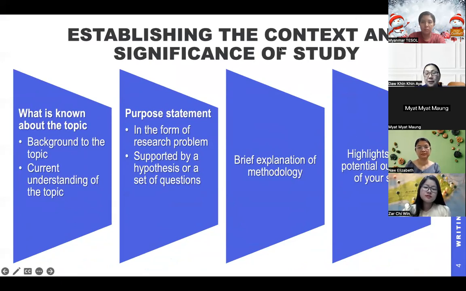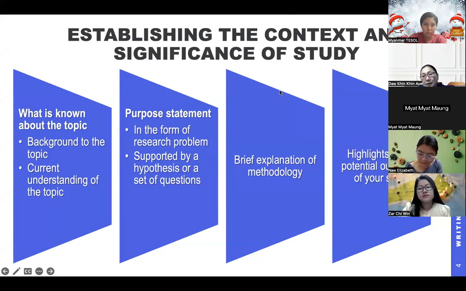After that, the research purpose statement, in the form of the research problem statement, and it must be supported by a hypothesis or a set of questions. Normally, based on your research problem statement, we have the purpose of your research followed by the research question you set for your own research.